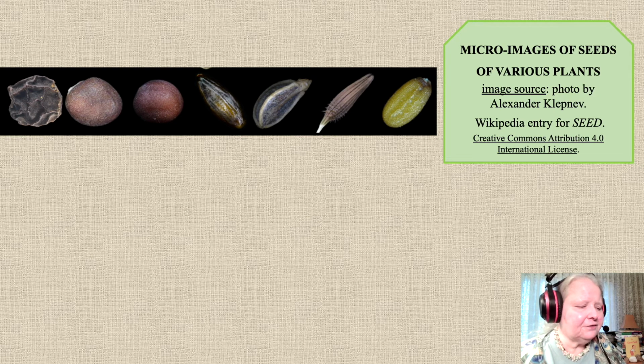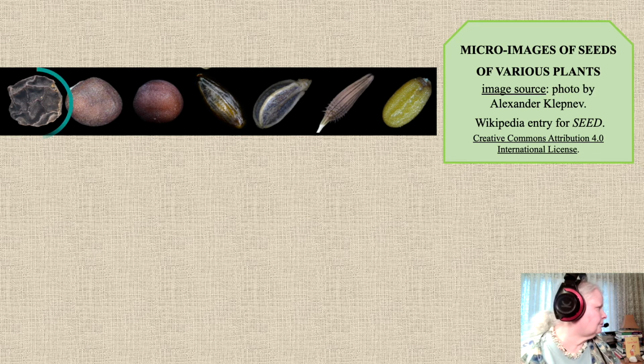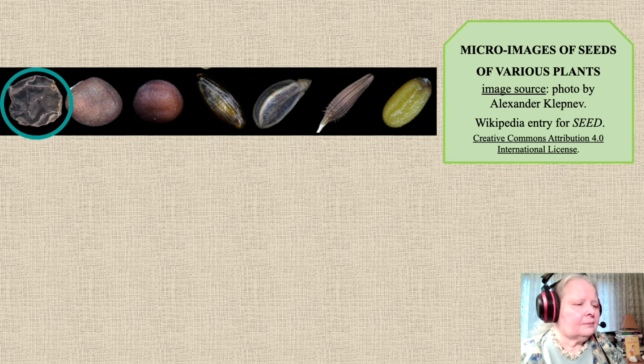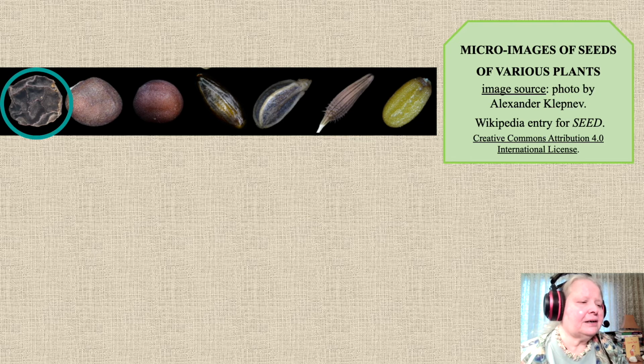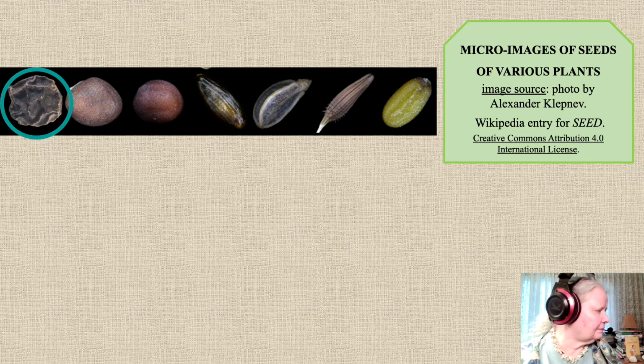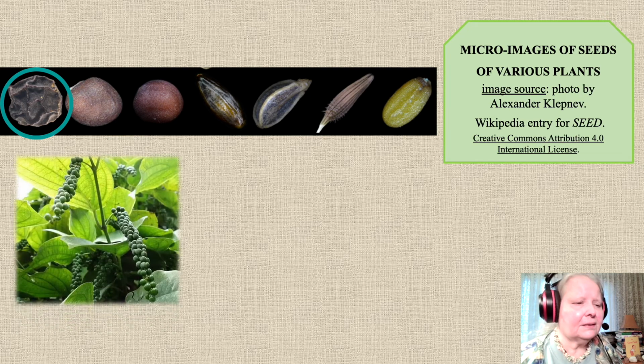Let's focus on the first seed in this row. It's very dark in color and the outside looks crackled in appearance. It's very bumpy. Can you guess what it is? Well, here's what the plant looks like when it has been growing for a while.